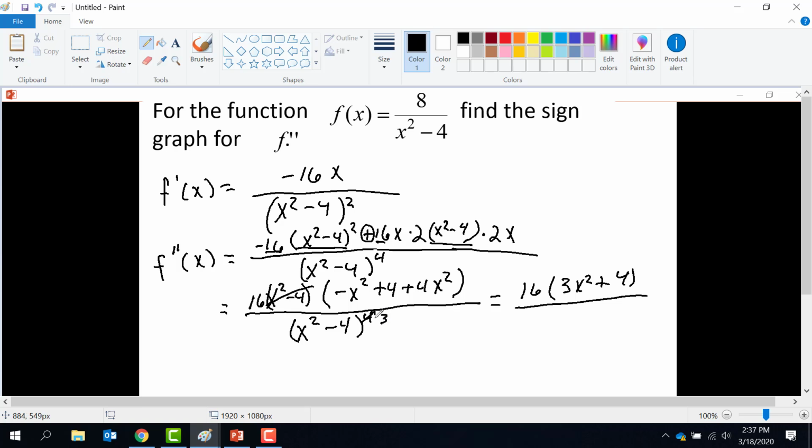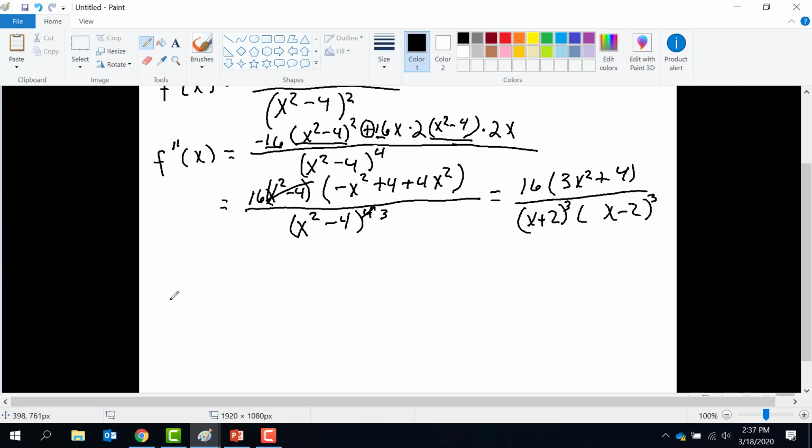Now, because this is an odd power, not an even power like it was for our first derivative, the bottom is sometimes positive, sometimes negative, depending on whether the base is positive or negative. And so then what we should do is write it in factored form. And so this is x plus 2 times x minus 2. That's the x squared minus 4, but you were raising it to the 3rd power, so you have an odd number of both of those as well.